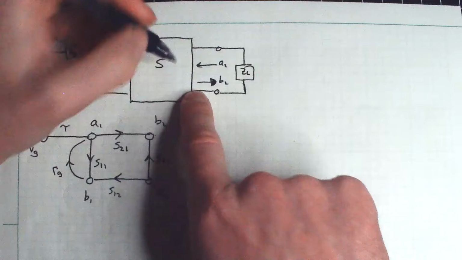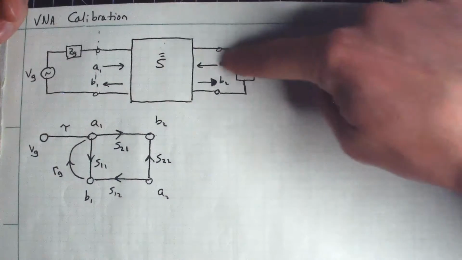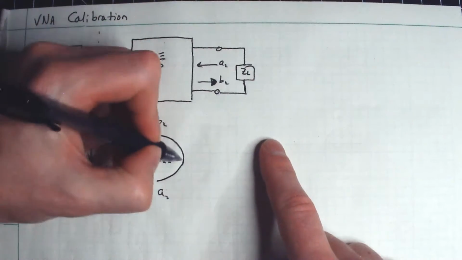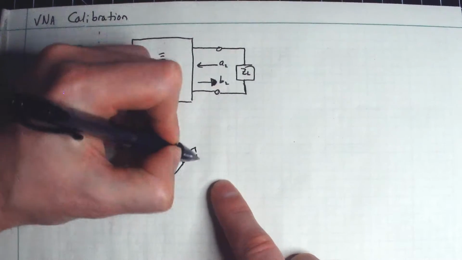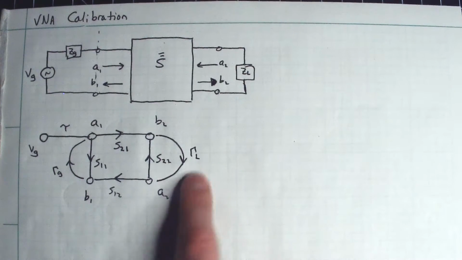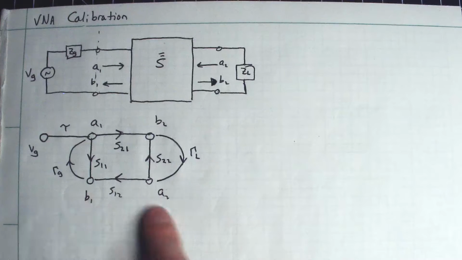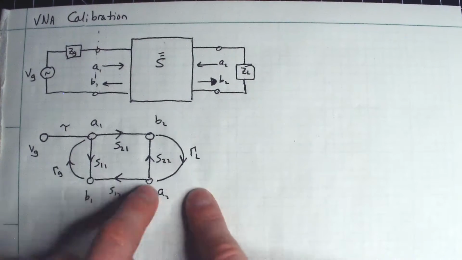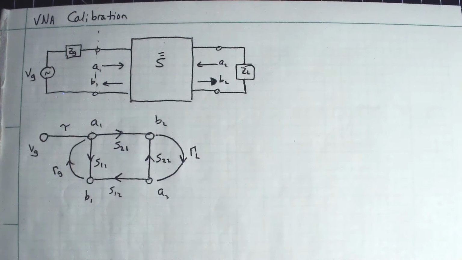But I also have this signal reflecting off the load and contributing back into A2. So I'm going to add one other little node here. This is my reflection coefficient. So this is the true reflection coefficient, but there's all these wacky interactions going on between my actual generated signal on one side and the true reflection coefficient back at the other side.